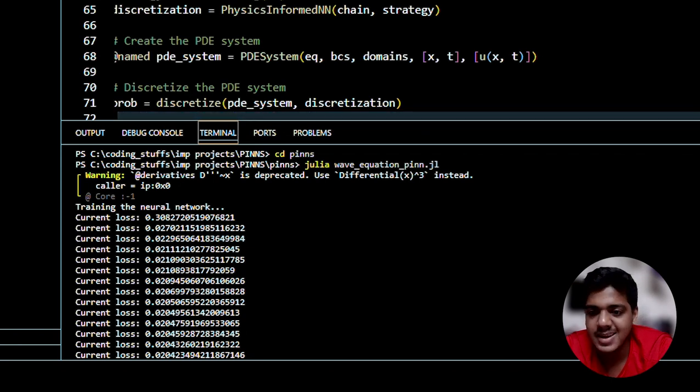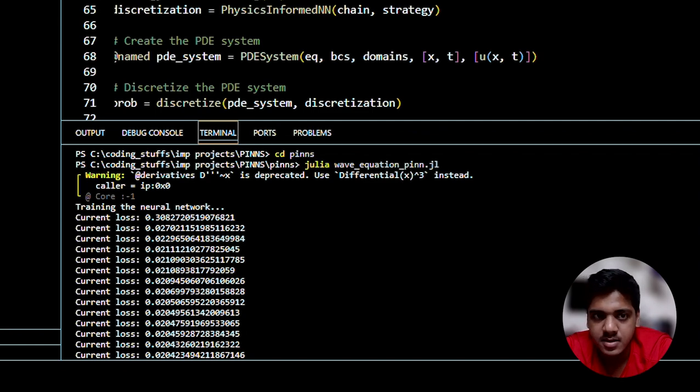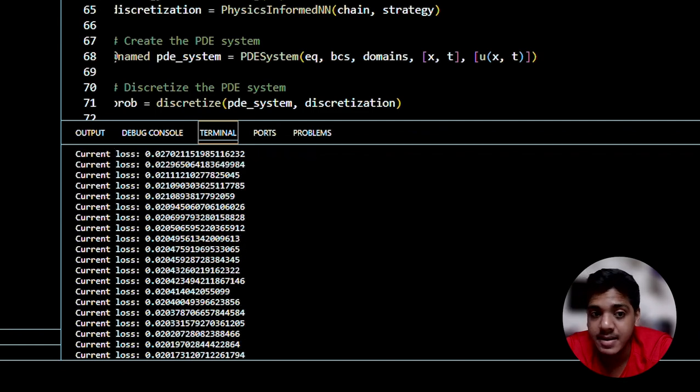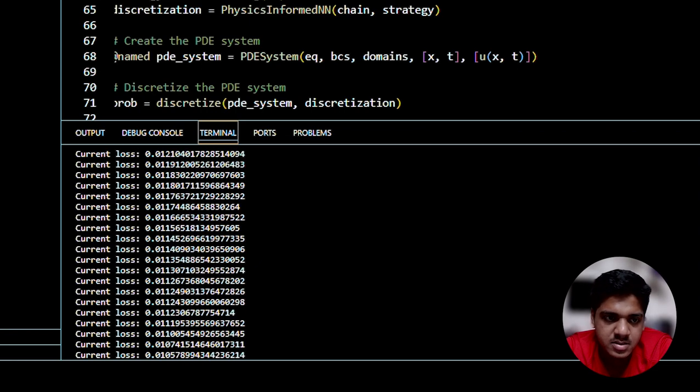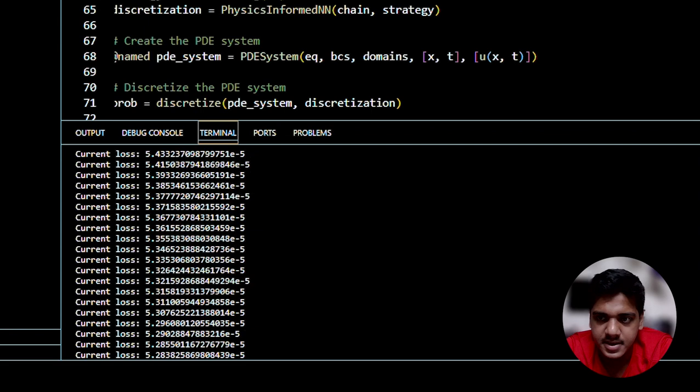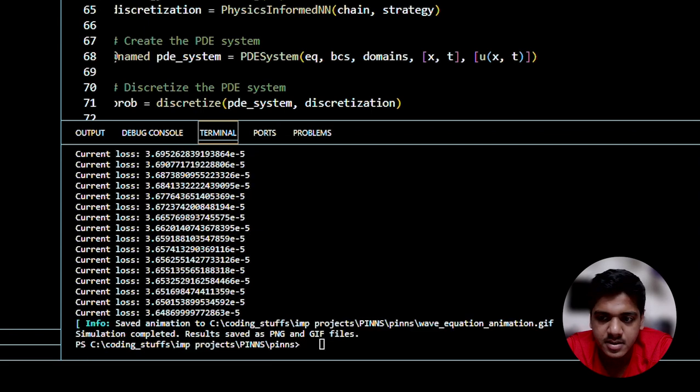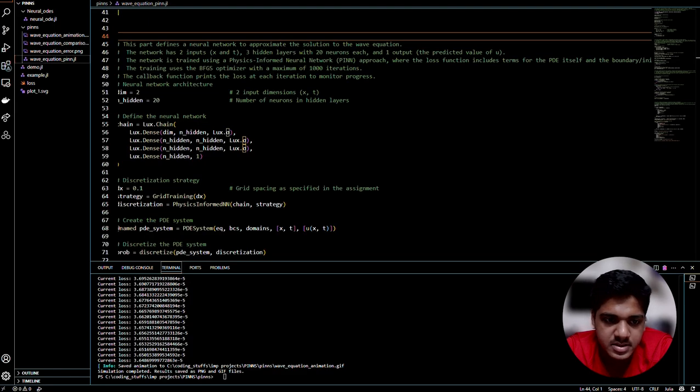That means if you mathematically calculate the accuracy, it comes to about 99.7. Basically, the first step is 99.7, and right now the loss is very negligible, and at last, in the 1000th iteration, the loss is approximately 3.64 times 10 raised to minus 5. So you can expect how accurate PINNs work.